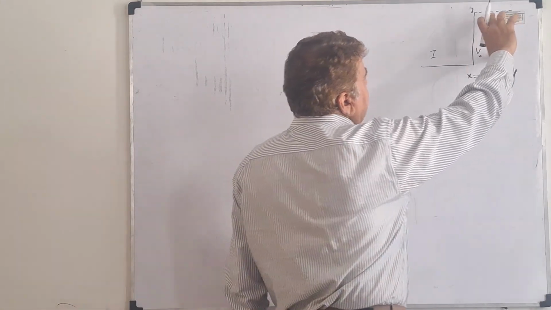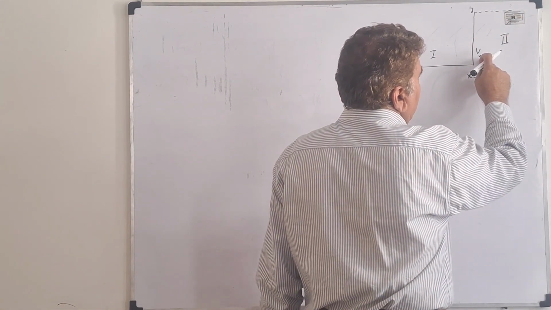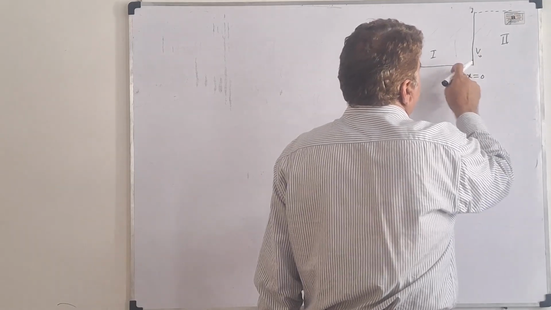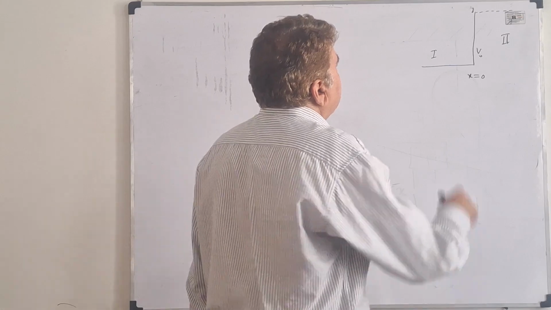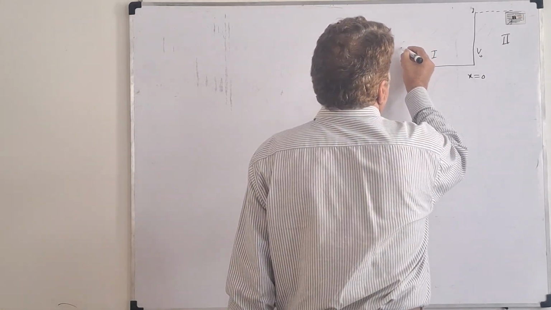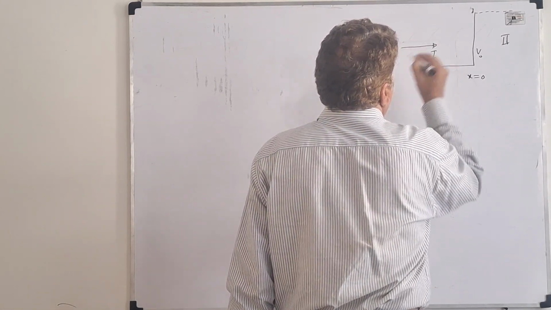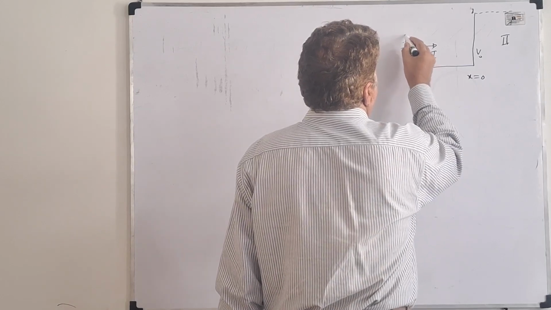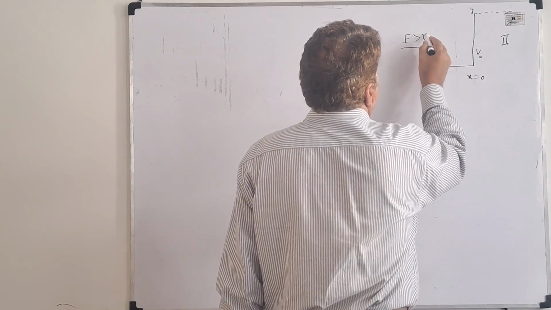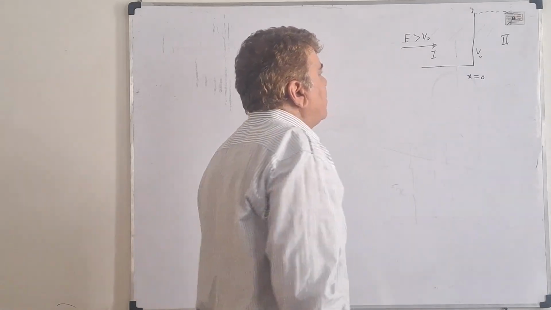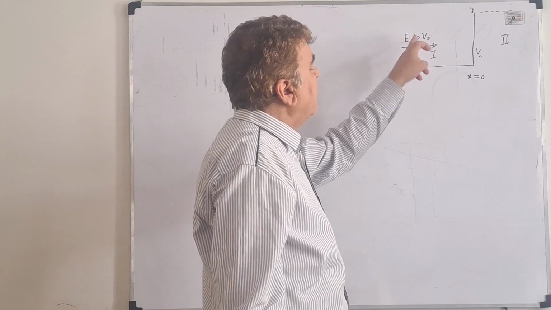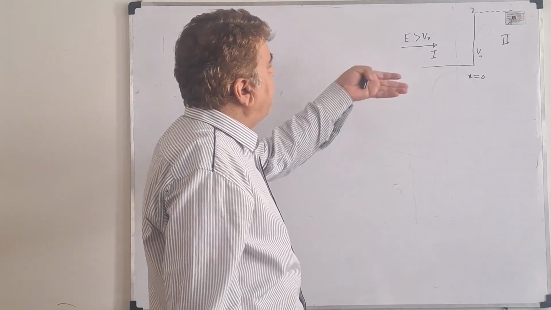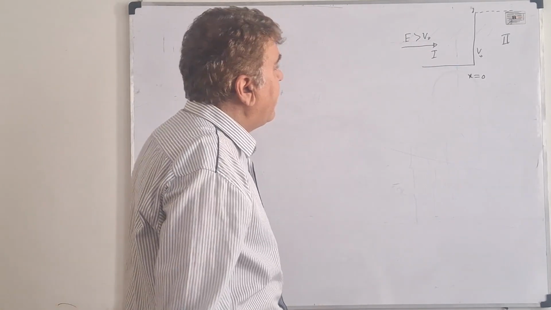In region 2 we have a potential of height V naught, and to the left the potential is 0. We consider a particle incident on the step such that E is greater than V naught. So the incident energy of the particle is greater than the height V naught, and we want to solve the time-independent Schrodinger equation for this case.